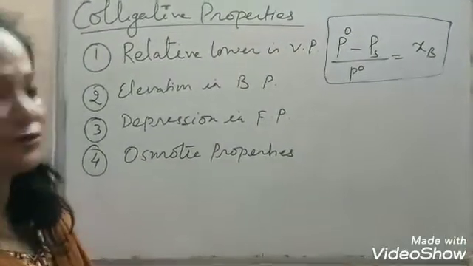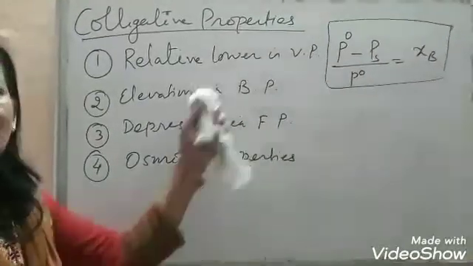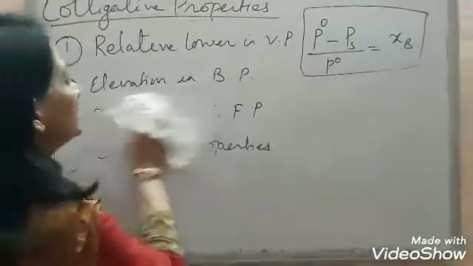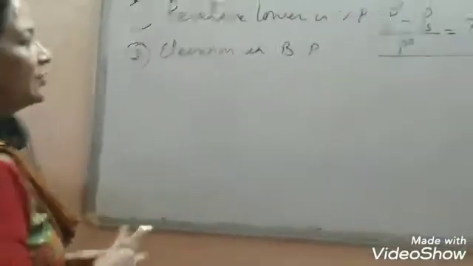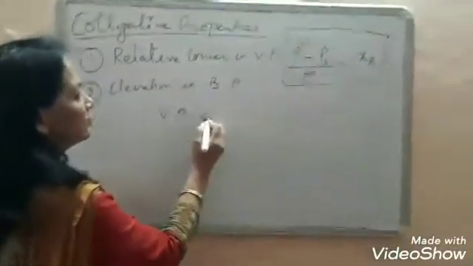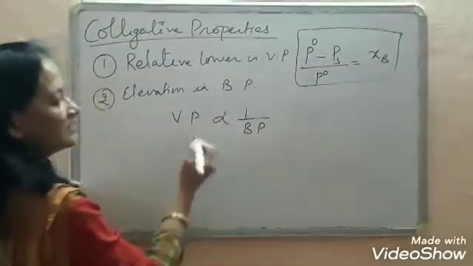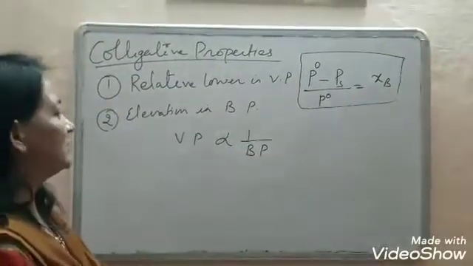So elevation in boiling point and vapor pressure are interrelated and they are inversely proportional to each other. Keep in mind that the higher the vapor pressure, the lower the boiling point.